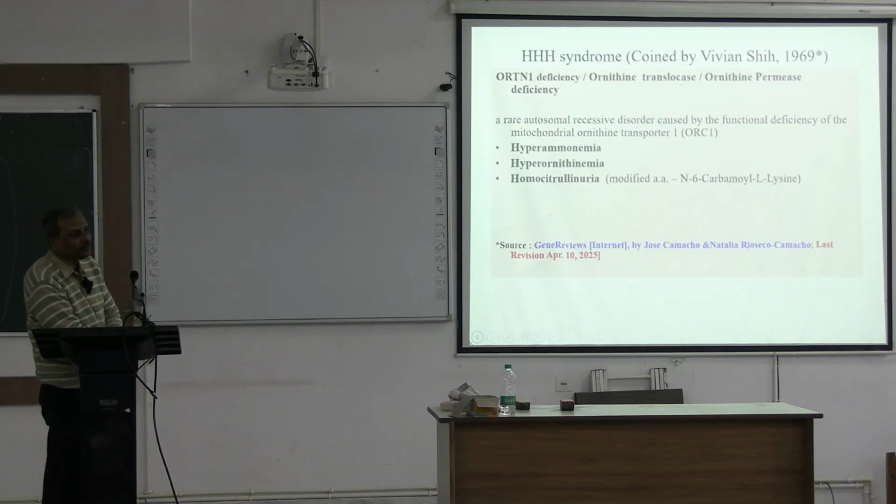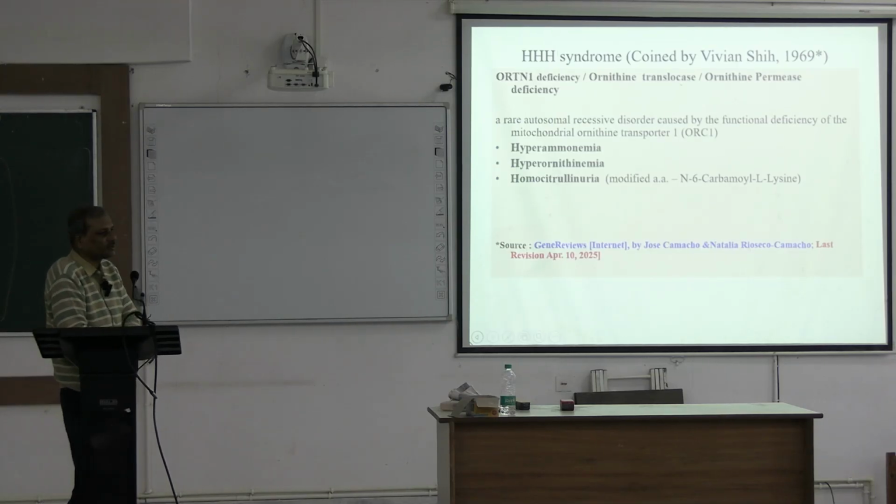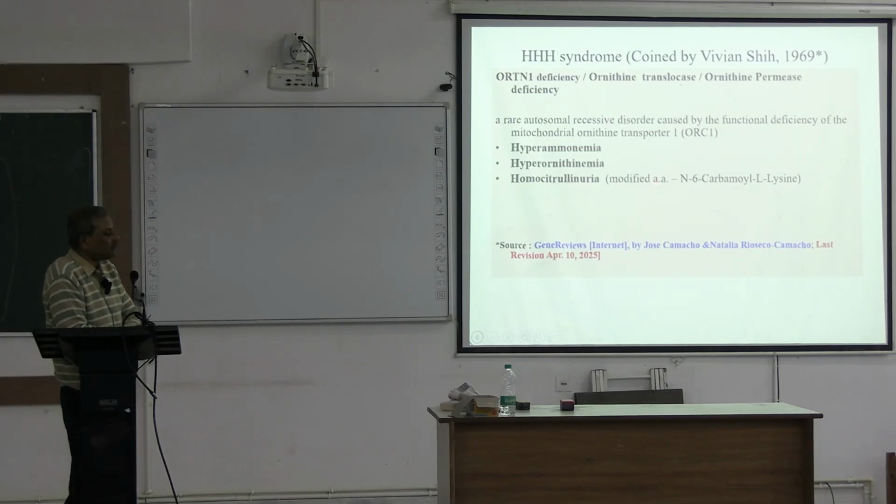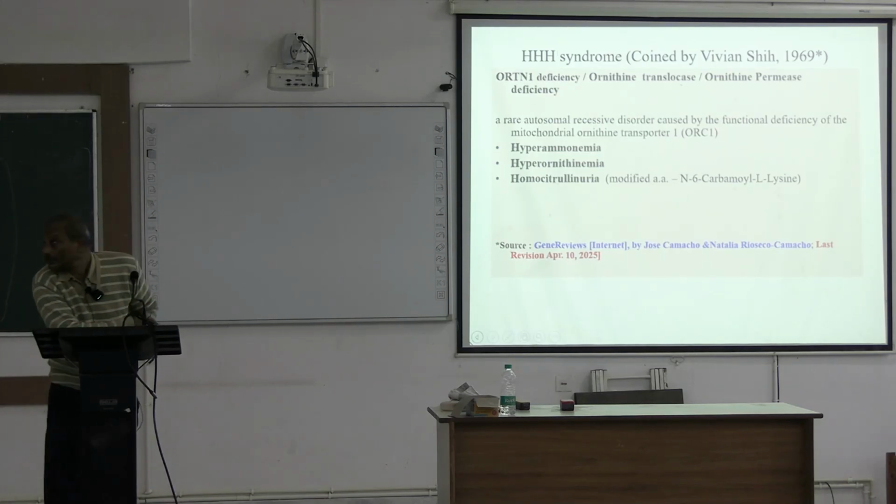Why does homocitrullinemia occur in HHH syndrome? Because ornithine cannot enter, instead lysine will enter into the mitochondrial matrix and combine with carbamoyl phosphate to form homocitrulline.